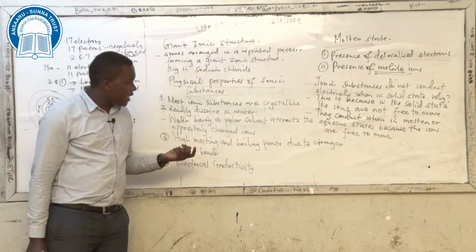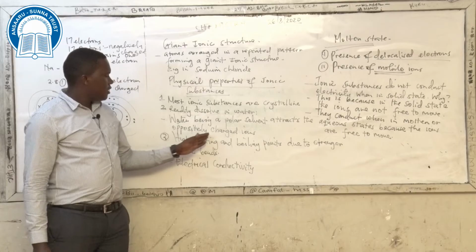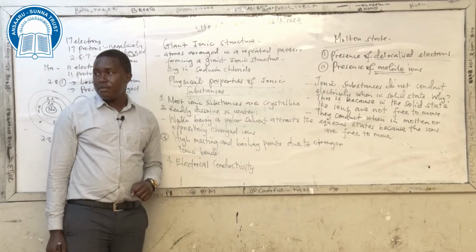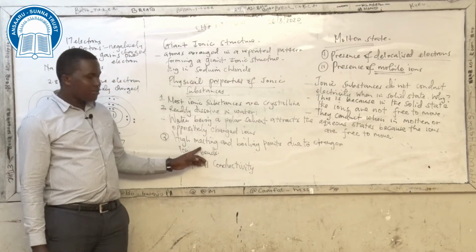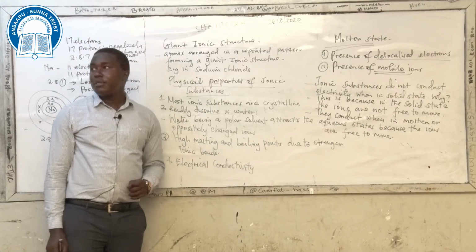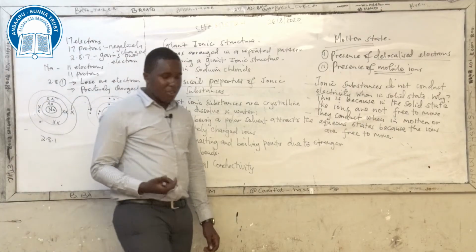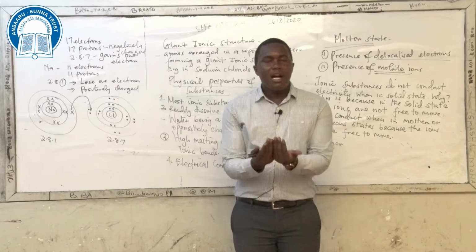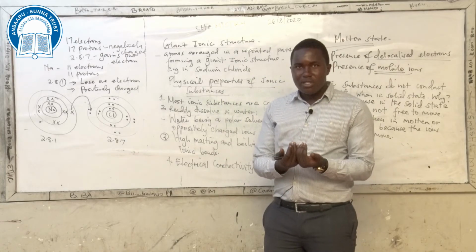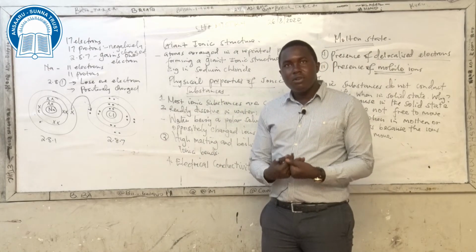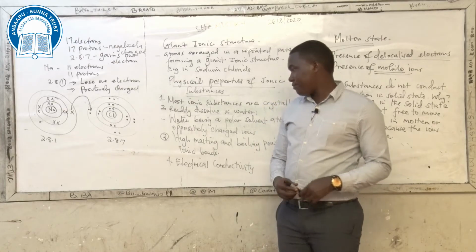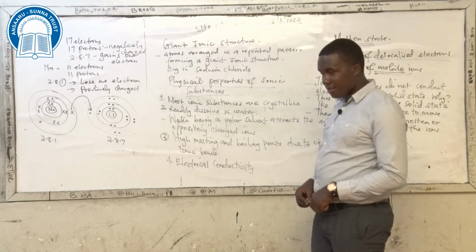The polar water ends will attract the opposite charges of the ions. Number 3, we have said that they have high melting and boiling points. This is also attributed to the fact that they have strong ionic bonds. And when the bonds are stronger, you require a lot of energy to overcome the bond strength.